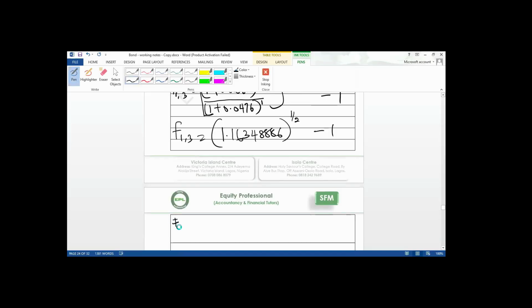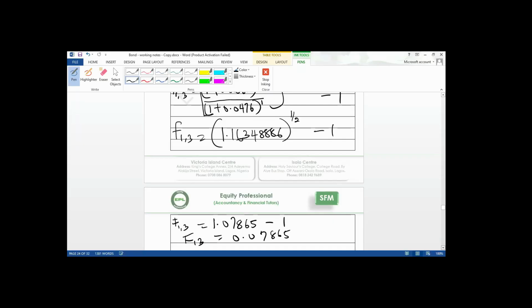Our F123 is equal to 1.07865 minus 1. That will give us F123 is equal to 0.07865.